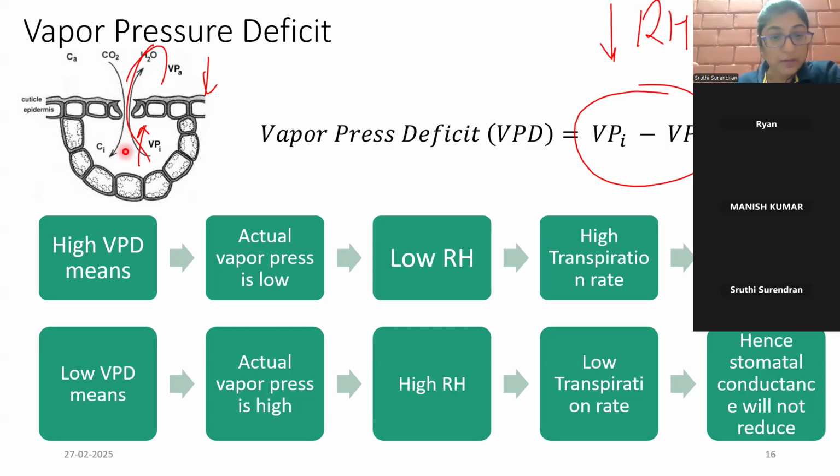But excess water cannot be lost. Transpiration should happen, but not to an extent where the plant is going to lose water immensely, and it also has to balance the carbon dioxide uptake.